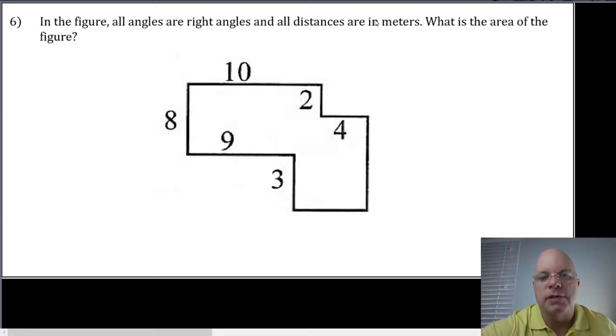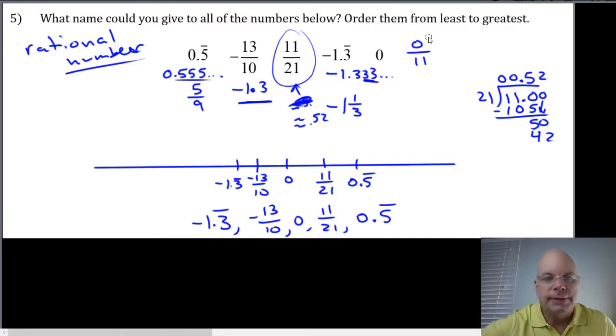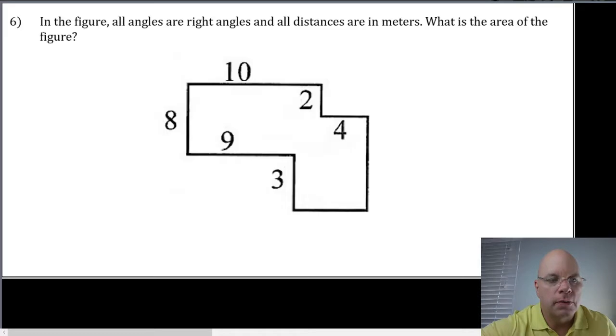I think the best way to do this one is to complete the whole big rectangle.